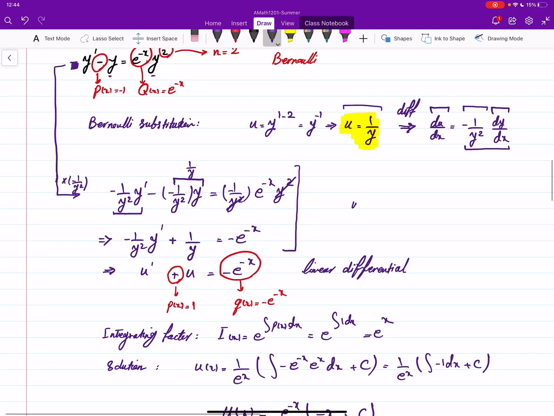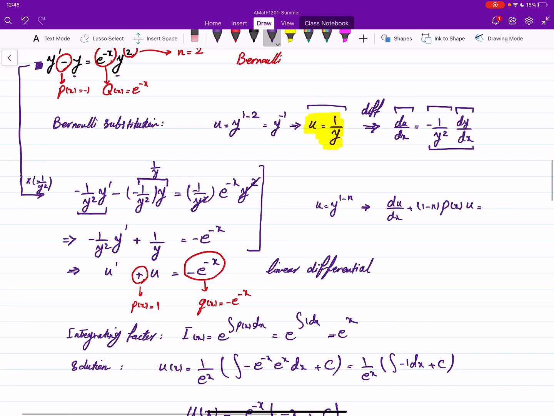So if you set u equal to y^(1-n), then the differential equation will be of the form du/dx plus (1-n) times the original capital P(x) u equals (1-n) q(x). So you need either to know this is what will happen after the substitution is done, or you have to be able to apply these steps for each question separately.